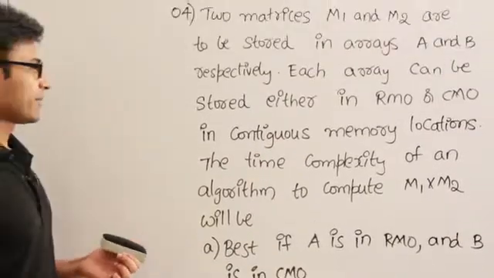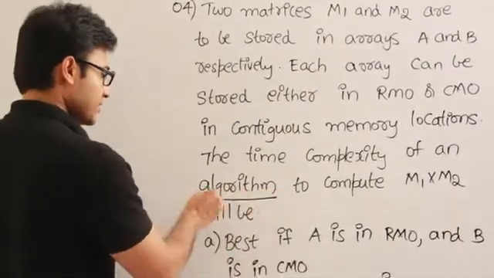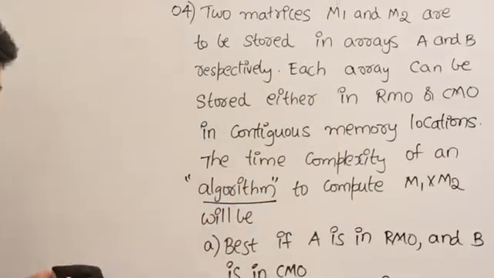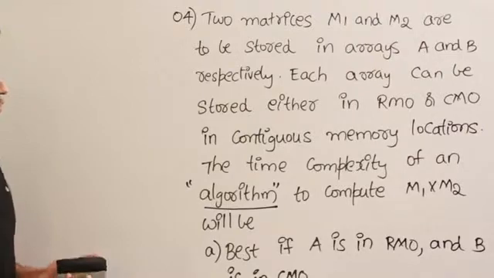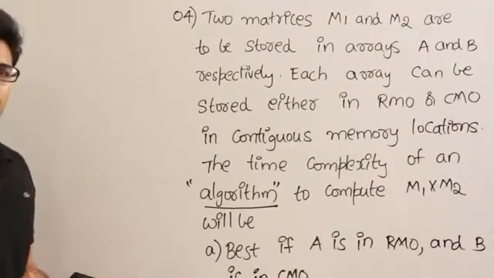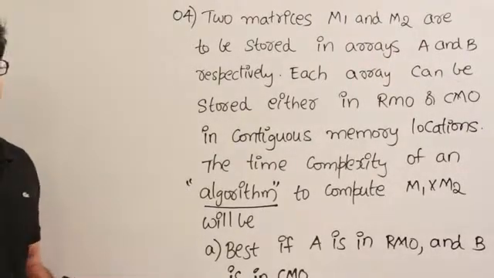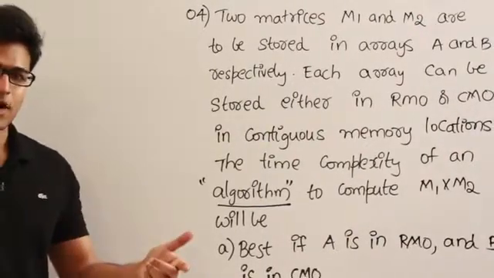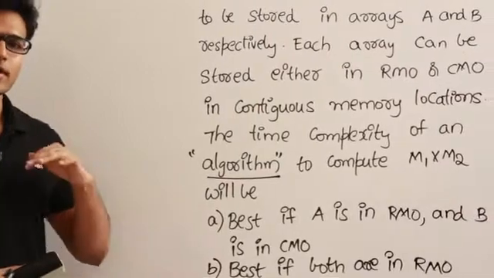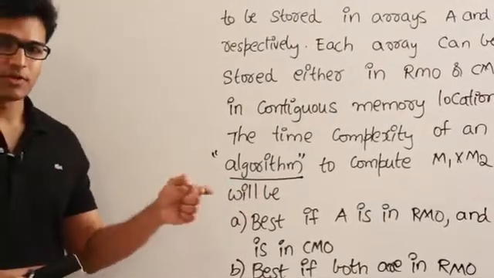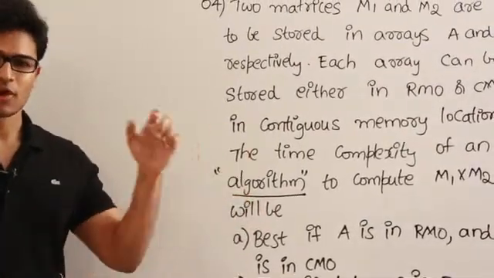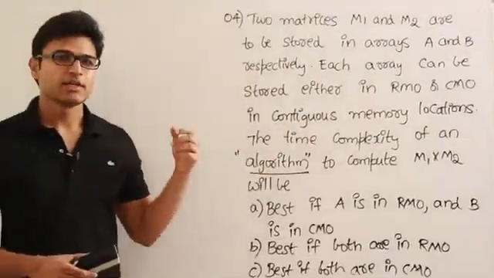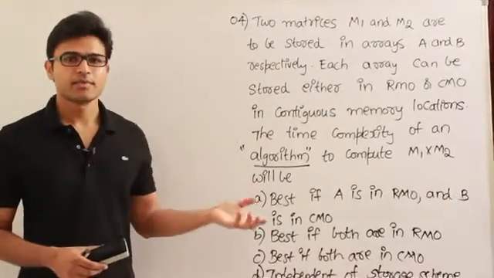So actually, whenever we discuss algorithms, we never talk about time complexity related to the storage scheme, which means the algorithm is independent of the storage scheme. An algorithm assumes that all the elements you refer to are available to you at a uniform rate, which means if I refer to an element of A or B, whatever the storage mechanism is, the algorithm assumes that the time taken to access any element is the same.